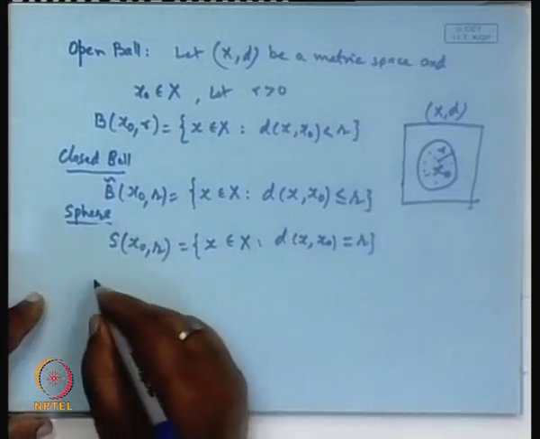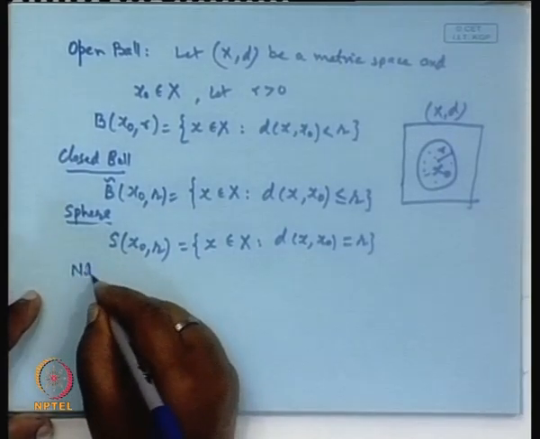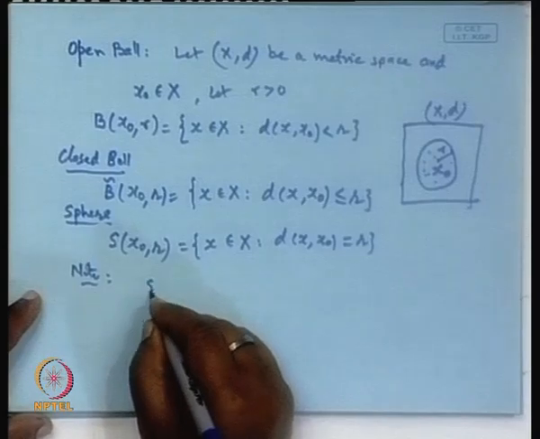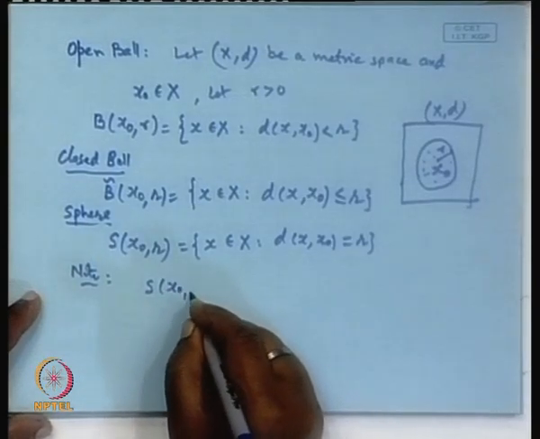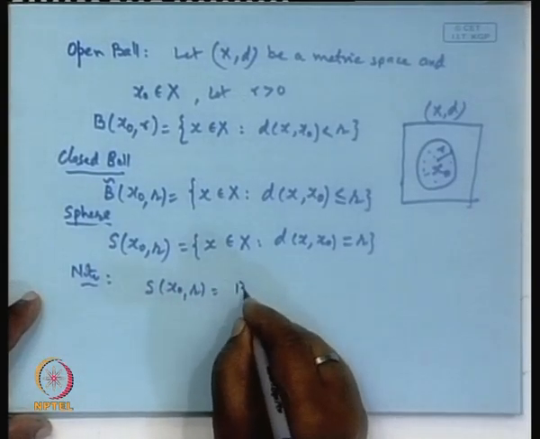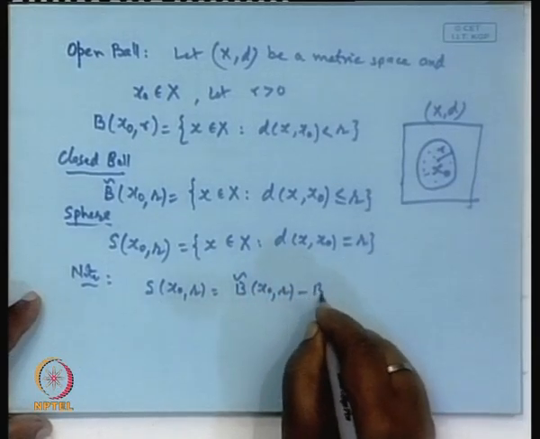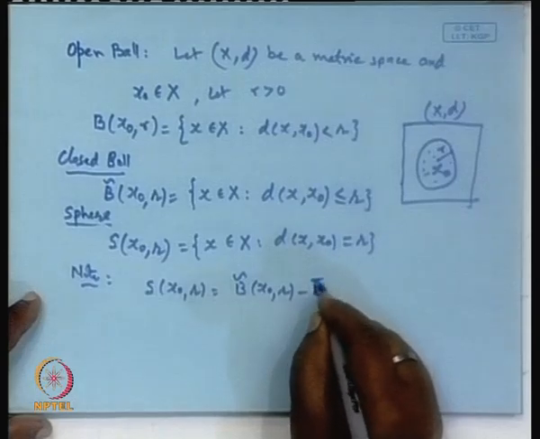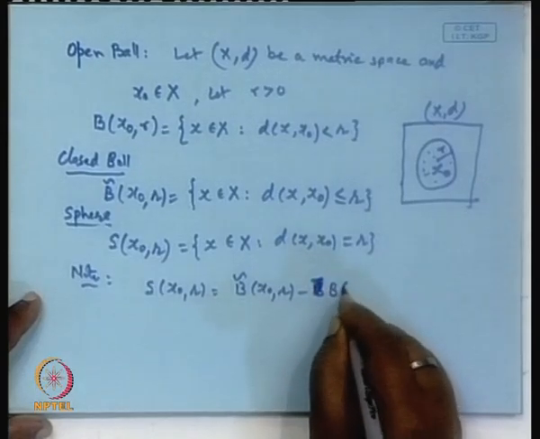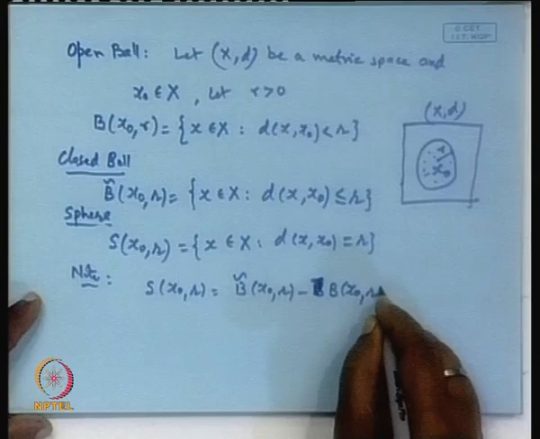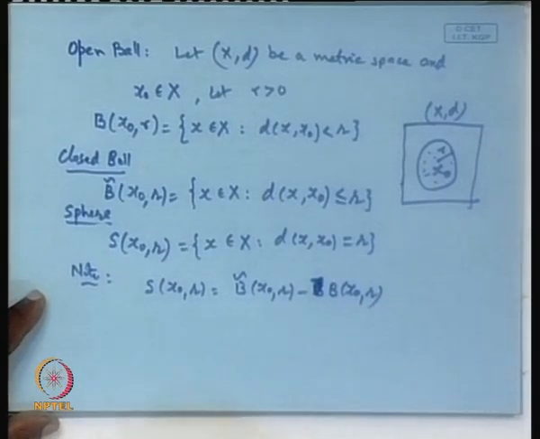Now, obviously, this is clear from this definition that the sphere is nothing but the difference between the closed ball minus the open ball, that is B bar x naught R minus B x naught R. Okay. This is what we get, the sphere.